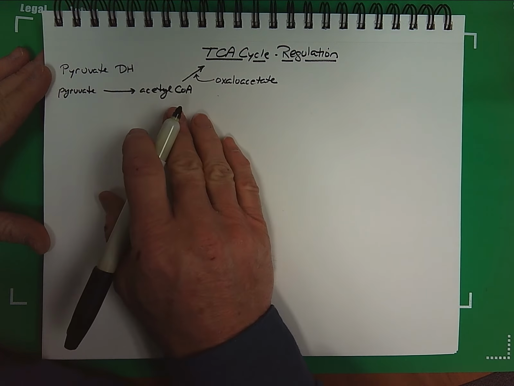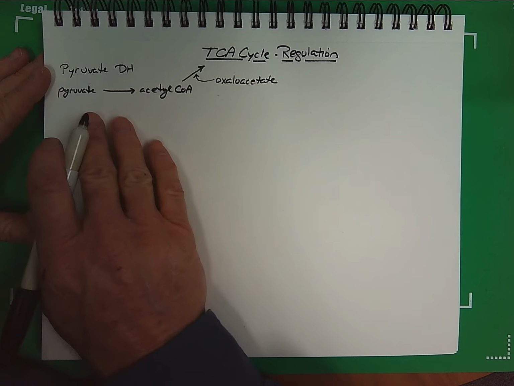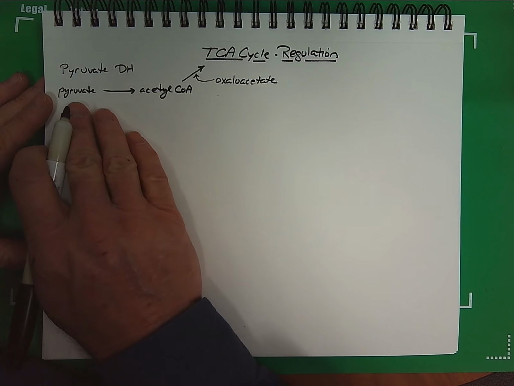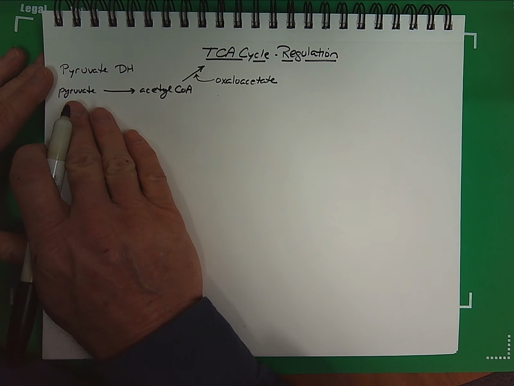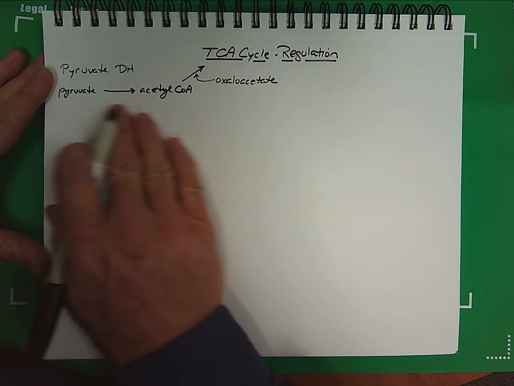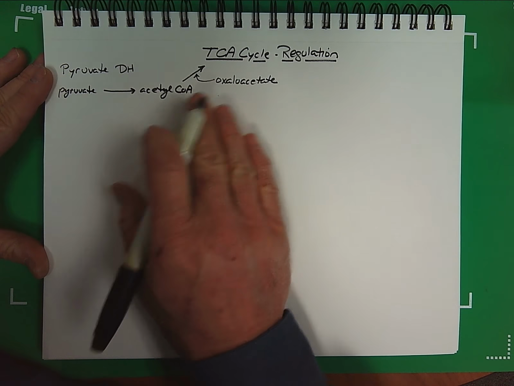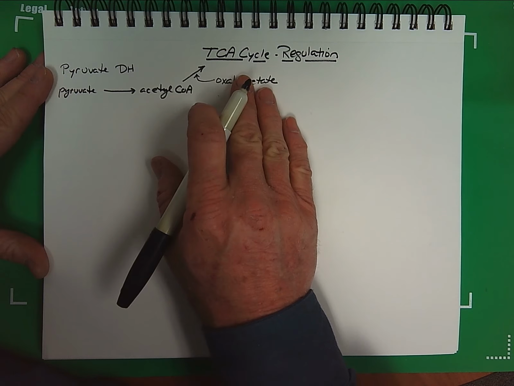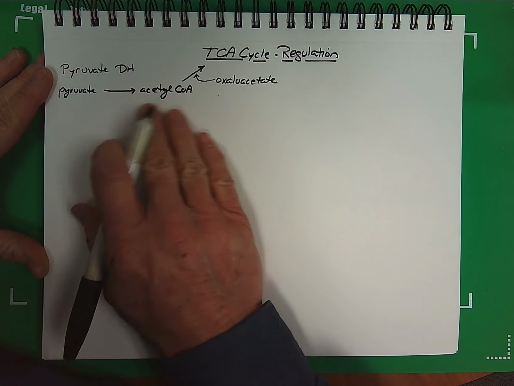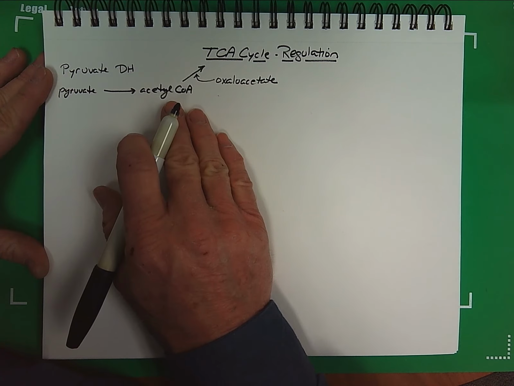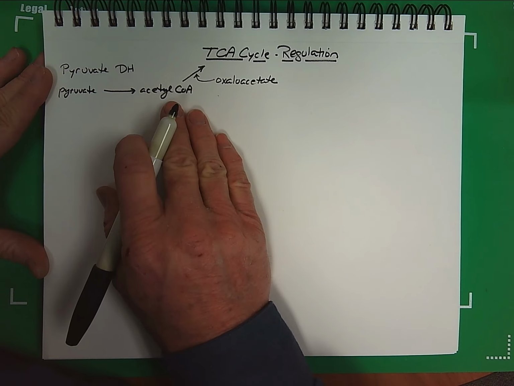generating acetyl-CoA. And in skeletal muscle, what we are going to see is that the regulation of this enzyme is just simply going to be slowing the amount of substrate flowing into the TCA cycle. This is going to regulate the TCA cycle by limiting the amount of acetyl-CoA substrate entering the cycle and slowing the process down if we are in a high energy state.